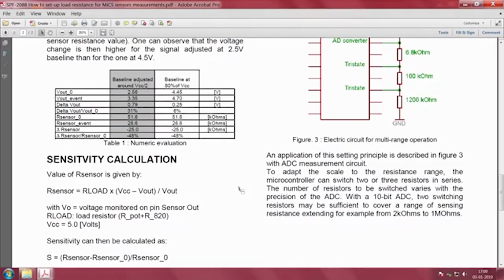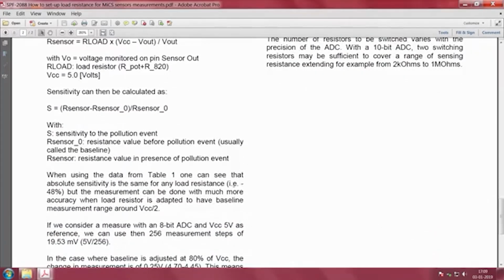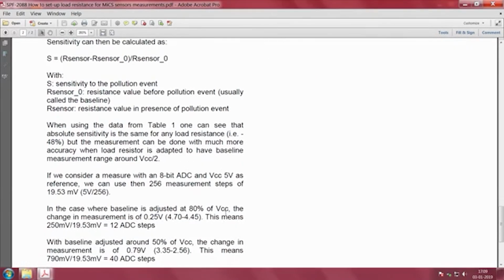There is no problem of absolute sensitivity, okay, that is about 48%, but the measurement can be done with much more accuracy when load resistor is adapted to have baseline measurement range around VCC by 2. So that is essentially what he is saying. While absolute sensitivity is not compromised, better accuracy is possible if you keep it around VCC divided by 2.